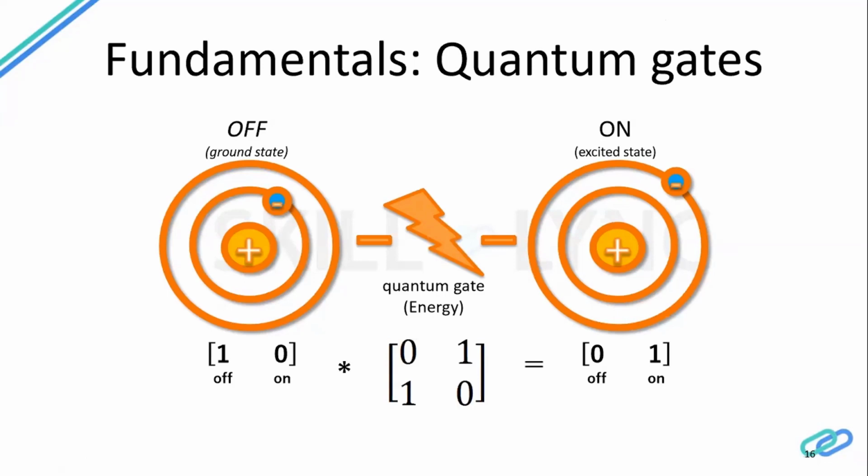If I remove some energy, the electron will come back to the ground state. It is mathematically represented using matrices. So you have to know a little bit of linear algebra to understand how it really works. But this is basic math. Every state of a quantum bit is denoted as a vector or a matrix.